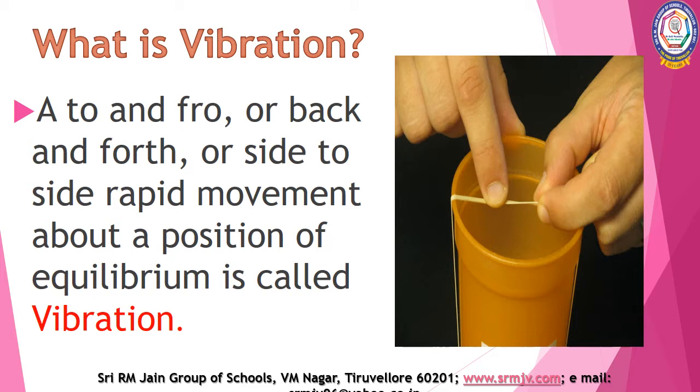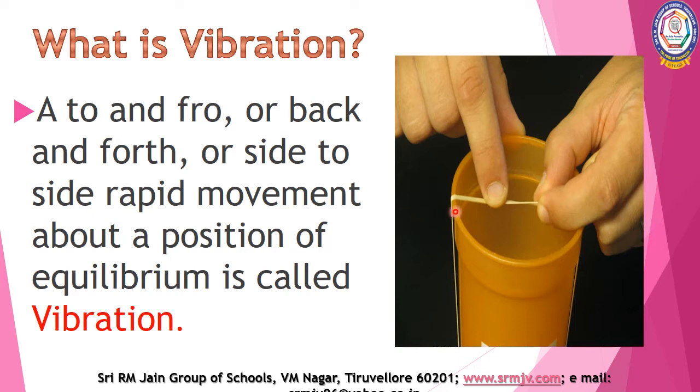To and fro, or back and forth, or side to side, rapid movement about a position of equilibrium is called vibration. Stretch the rubber band around the glass and pluck it. Do you see it vibrate? Do you hear a sound?